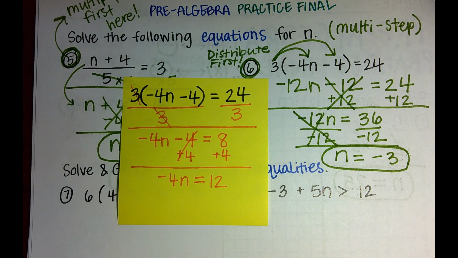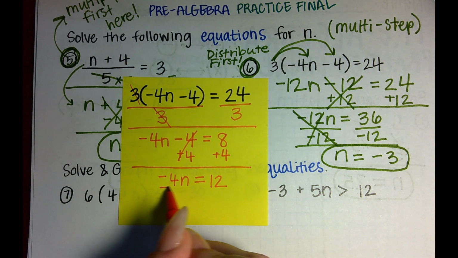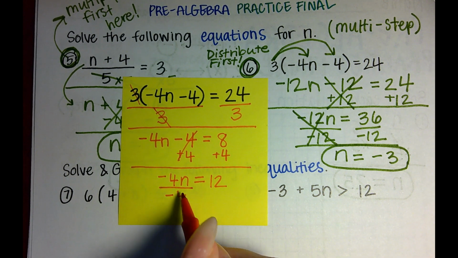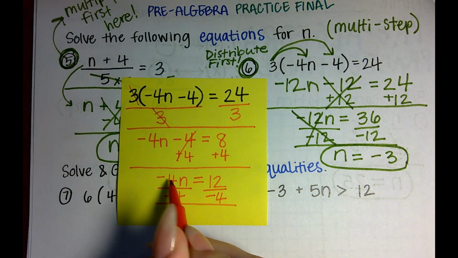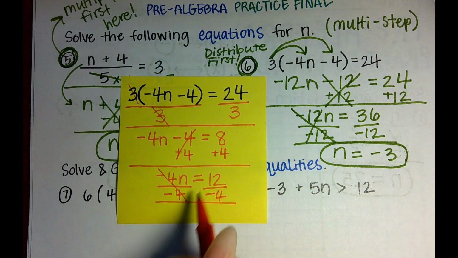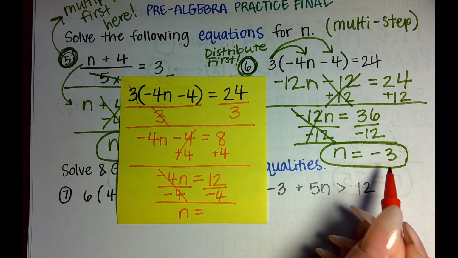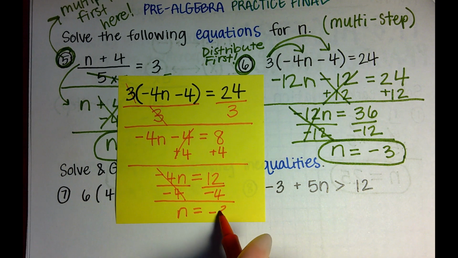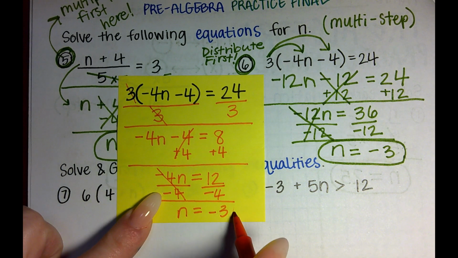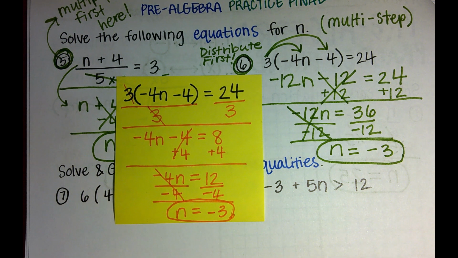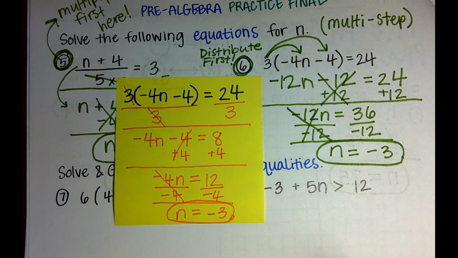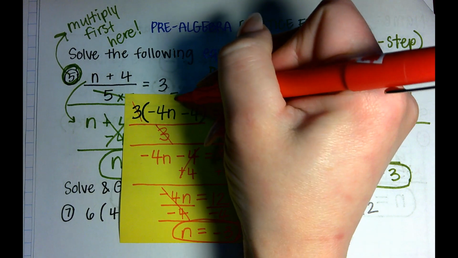Divide by -4. Perfect. Divide by -4. And you should get the same answer, which we do. So I'll get n equals -3. Both ways work. It's just up to you which one you do. So you could either distribute first or you could divide first.